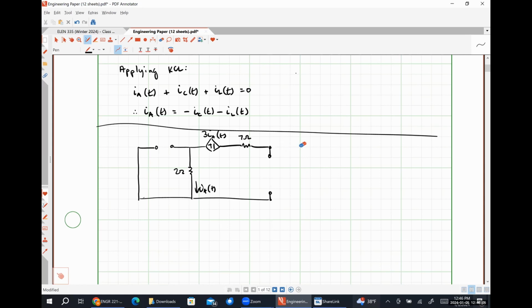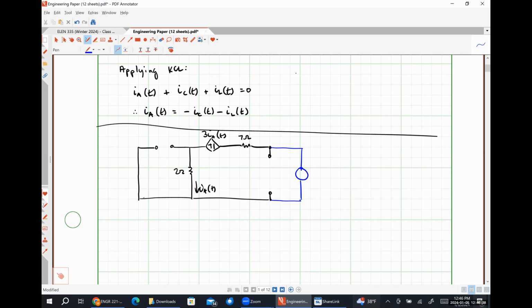And now I'm going to apply the test source method in order to figure out what this equivalent resistance is. So, should I use a test current source or a test voltage source? Doesn't matter, but one of them is going to make our life a little bit easier than the other. Current. Exactly right. So if we use a test current source, we are effectively saying what IA is, and so we don't have to do any work for that, right?